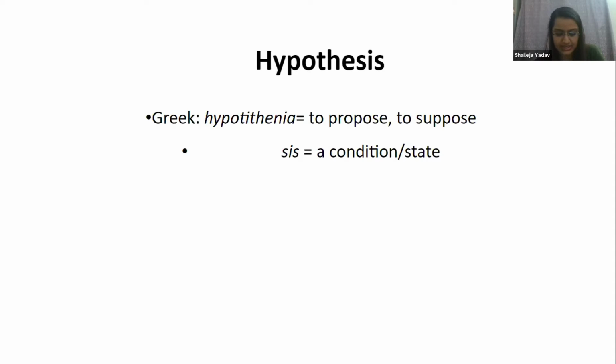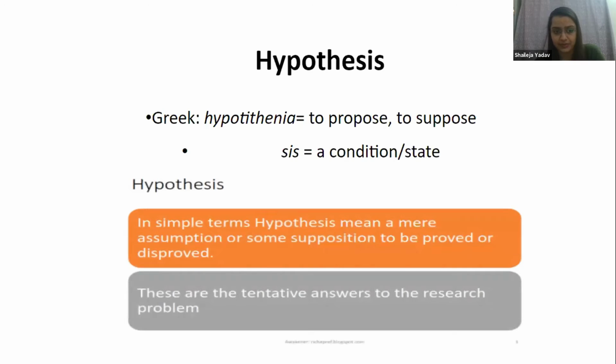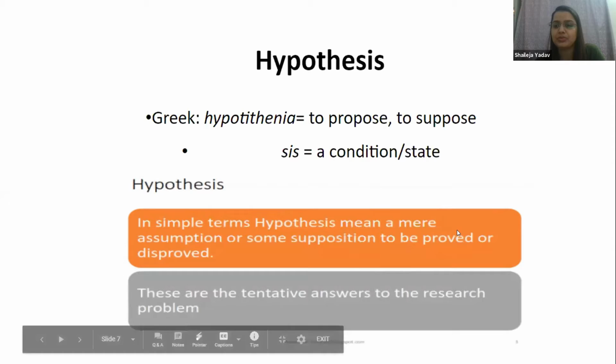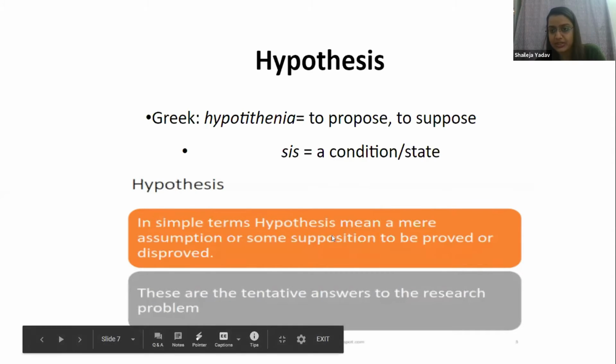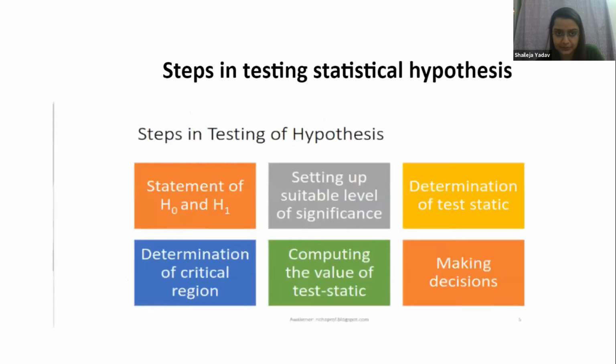The condition or state can be anything depending on your research question and your literature review. So hypothesis in simple terms means a mere assumption or some supposition to be proved or disproved. It has to be tested for its approval or its disapproval, whether this is true or false. These are the tentative answers to the research problem that we are looking at.